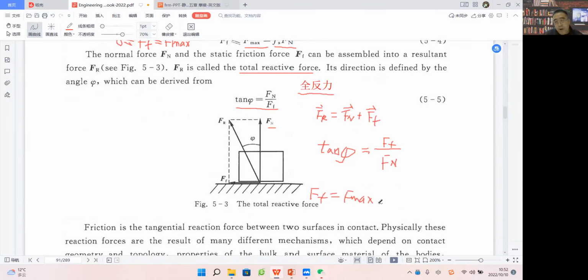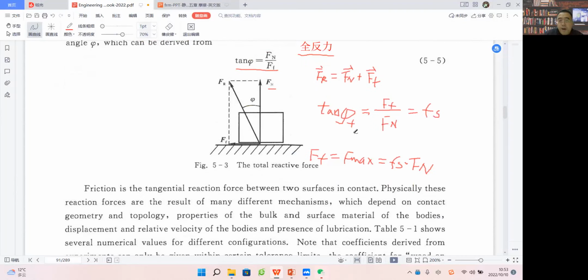From the law of Coulomb friction law, we know that this one equals coefficient Fs times Fn, right? So we can substitute this expression to here, and then we can find this maximum value of phi. So we call that tangent phi f will equal what? It's very interesting, because Fs times Fn over Fn is only equal Fs.